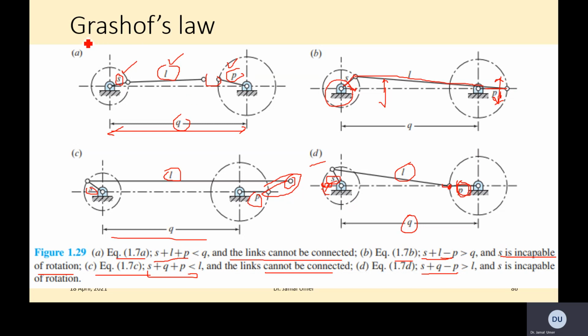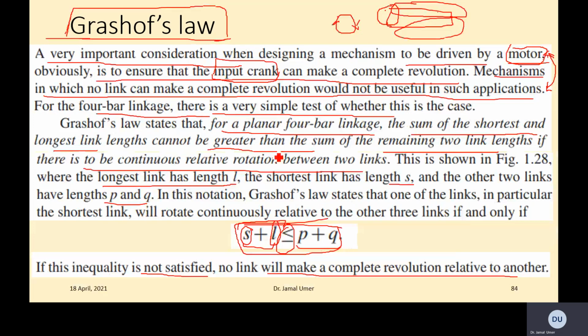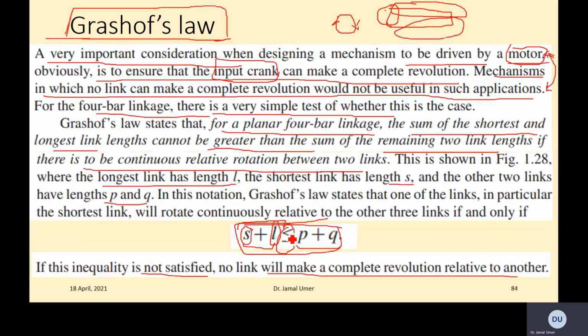So you see, this Grashof's law is very useful, quite valid and easy to understand for 4-bar links. You can work out these combinations, which is very simple. The shortest and longest must be less than or equal to P plus Q, the sum of the other two links.